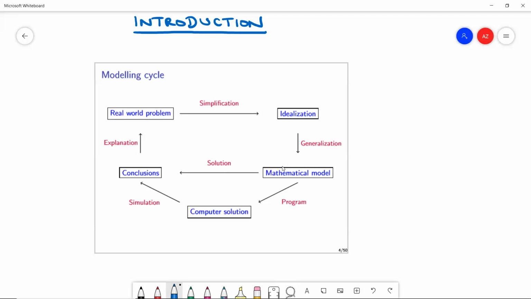So once we've chosen our model, which depends on some parameters, we have some data, and we would like to find the values of those parameters such that our model fits our data in the best way. So what does it mean, that it fits the data in the best way?